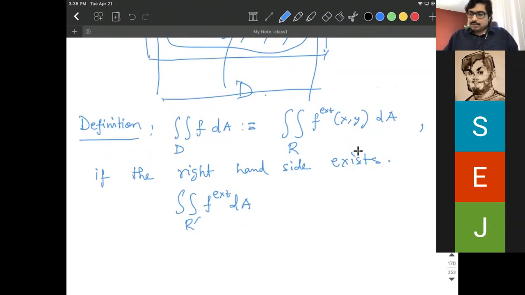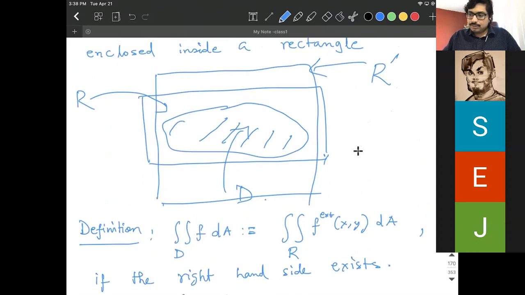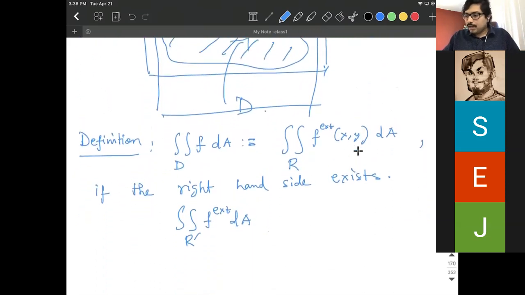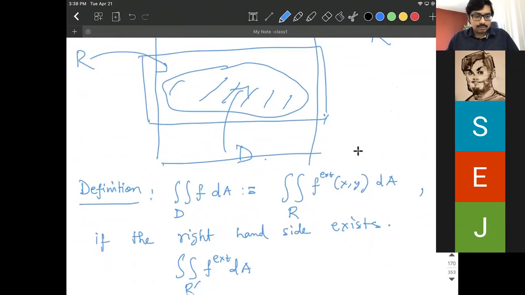Otherwise it doesn't make any sense. And the problem persists if you just work with any function. If you just pick up any function, then it might happen that for different choice of rectangles, you get different answers. So then there's no good way to define a double integral for the region.